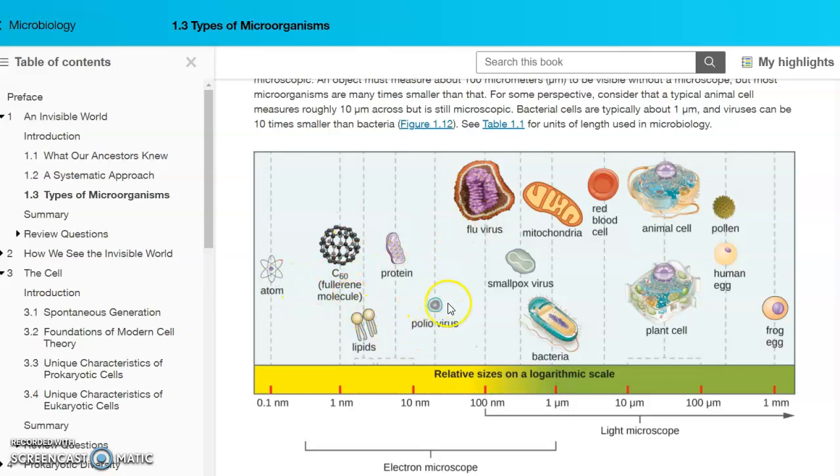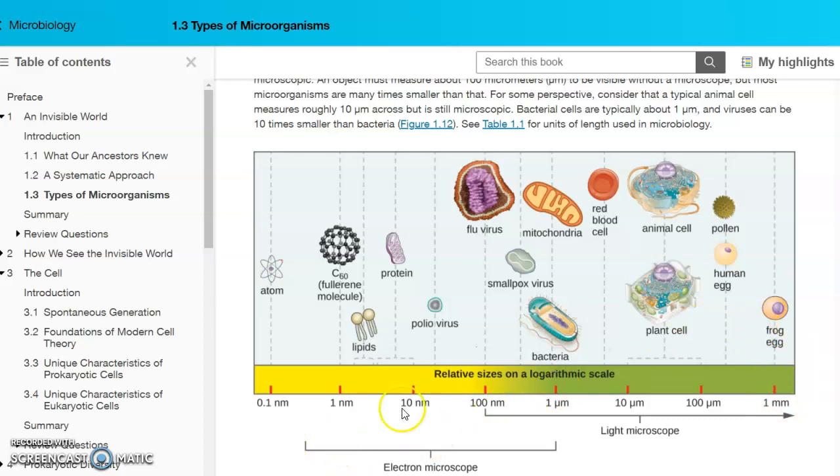Then we start seeing our viruses: poliovirus, one of the smallest viruses that we know of, flu virus, mitochondria, which we find in our eukaryotic cells. And then we get to the typical size of a bacterium. Then we get up to red blood cells, animal cells, plant cells, and finally, at our largest size of 1 millimeter, a frog egg.